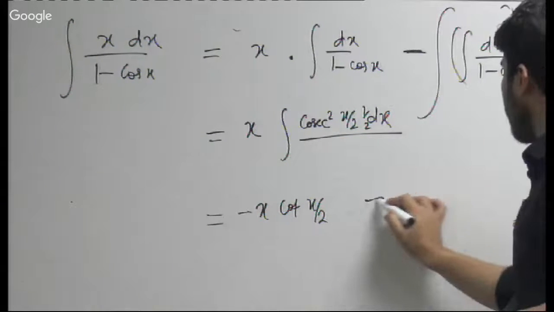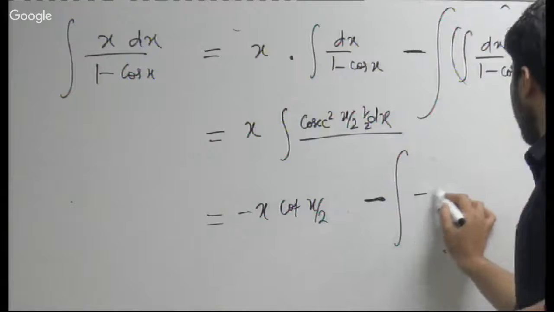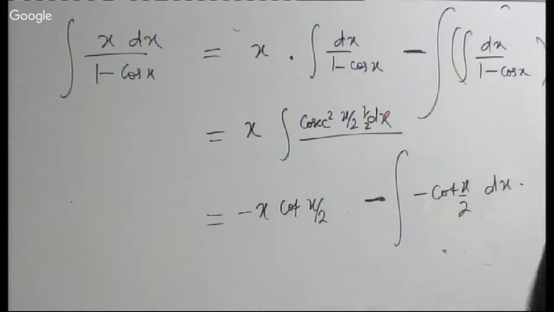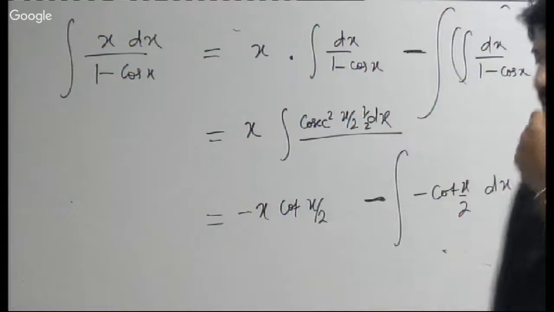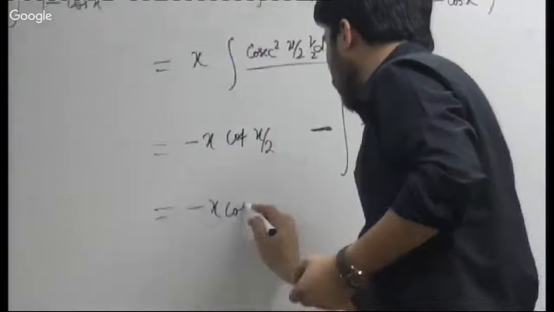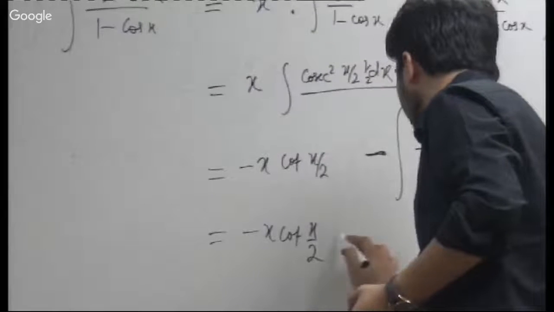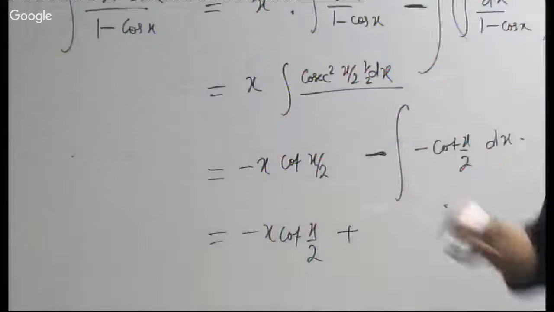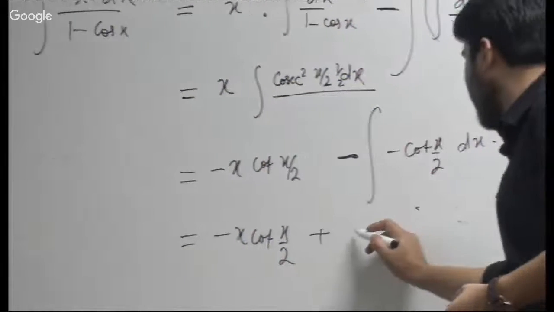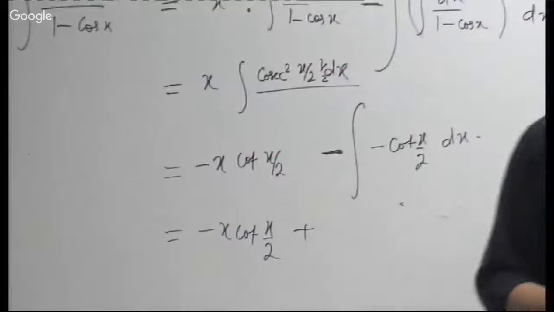Now minus cot x by 2 dx, right? So the thing will become minus x cot x by 2 plus cot x by 2 dx. One correction also has to be made.